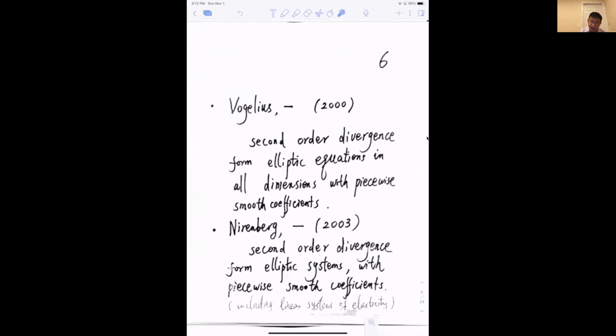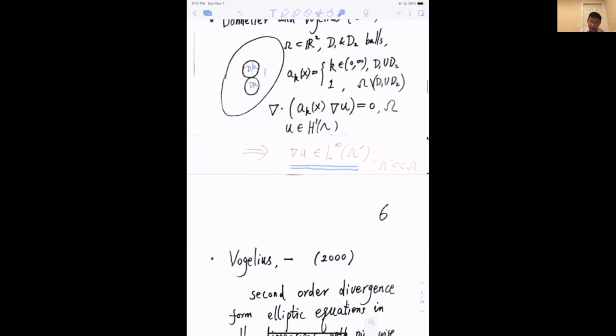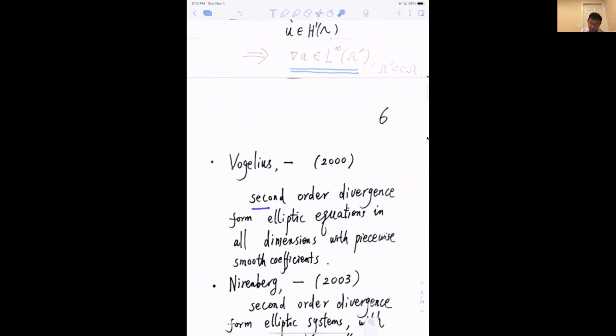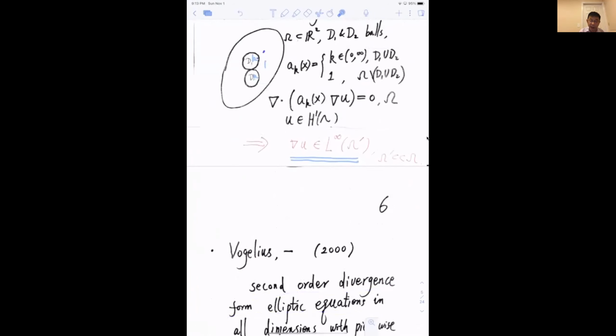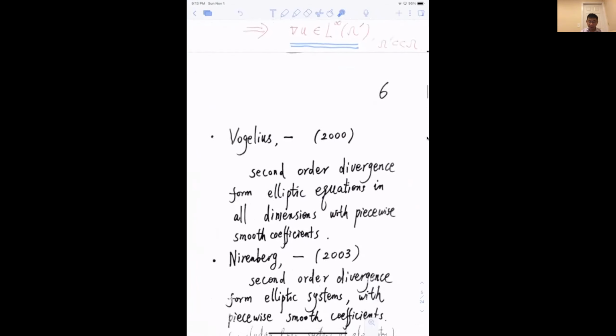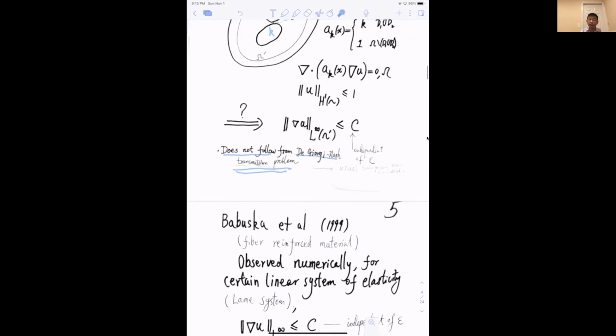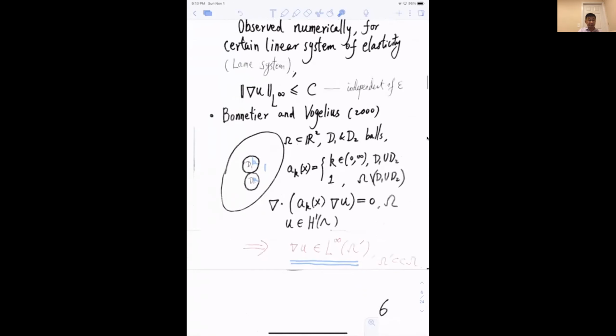So instead of a piecewise Laplacian, we can extend it to second order divergence form elliptic equations in all dimensions with piecewise smooth coefficients, where the jump is only across smooth surfaces. We proved that all these gradient u norms are epsilon independent.